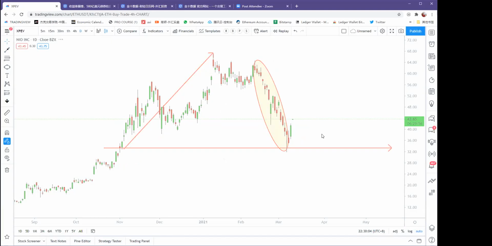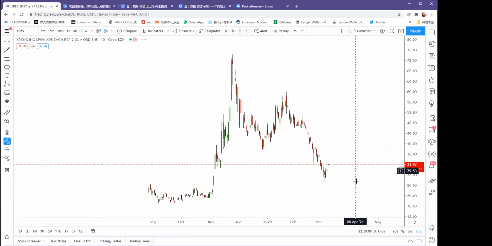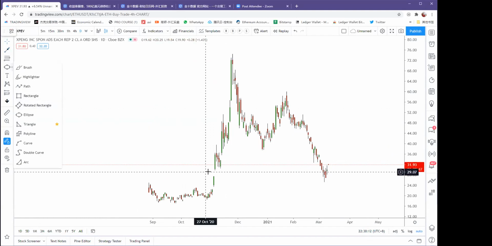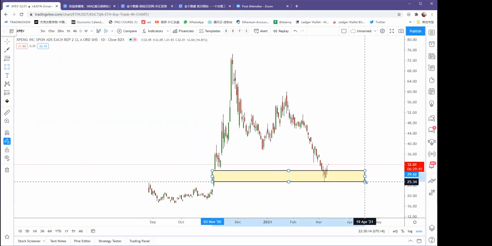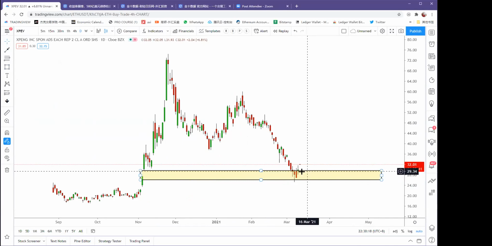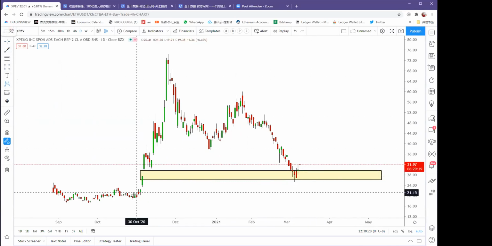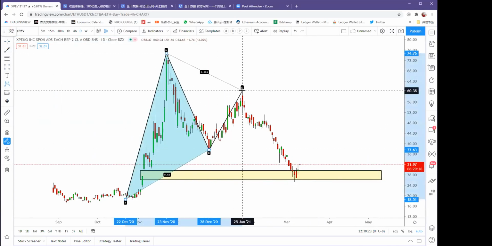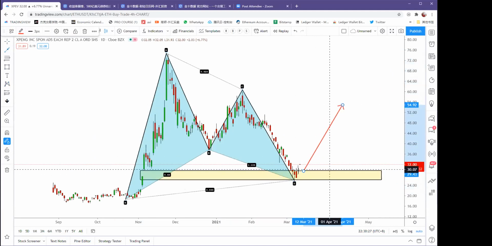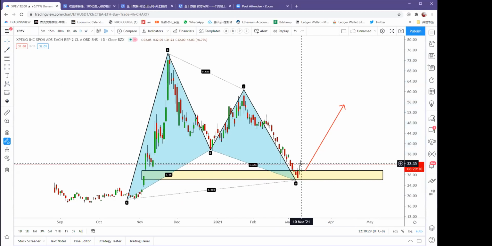And XPEV is also okay to buy. It comes to the 28 level, fills a gap here. So from the investing point, it's a very good place to buy from here, and it just forms a good harmonic pattern. It's very charming to invest in XPEV a little bit.